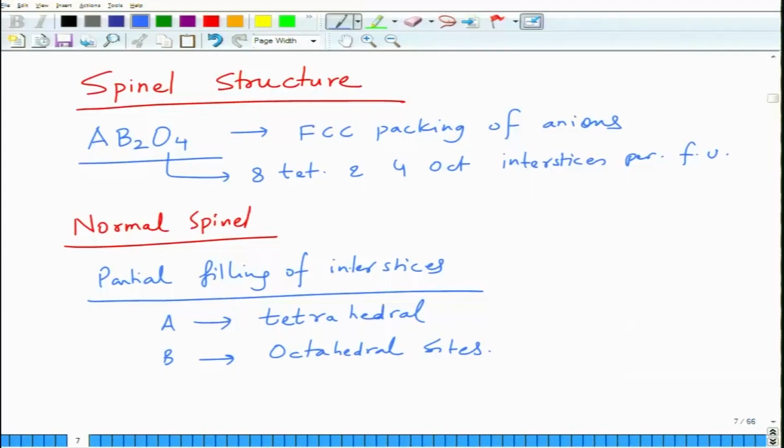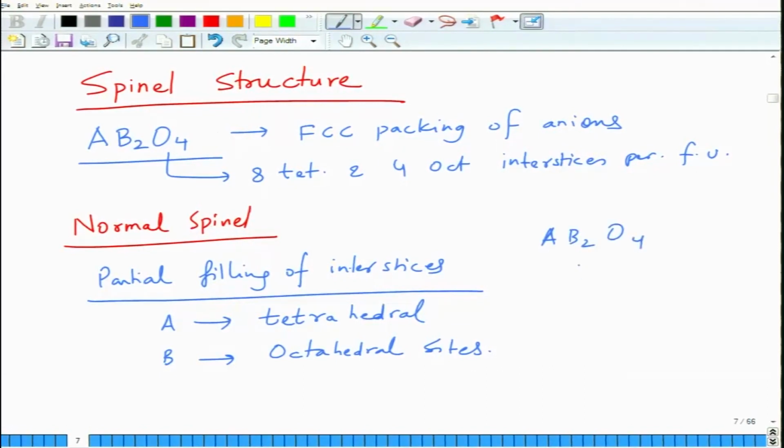Okay. Is this a convention sort of thing? Yeah, it's a convention. Because A and B are not the same cations, they are different cations, they have different sizes, so they prefer to go to different sites. As a result, you can write this oxide in a different manner.